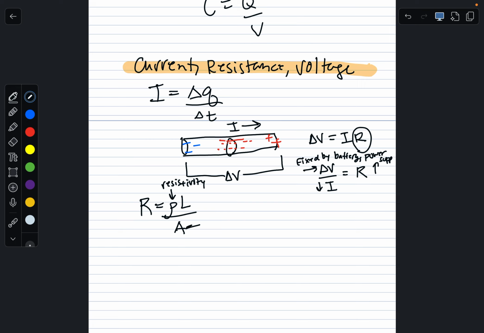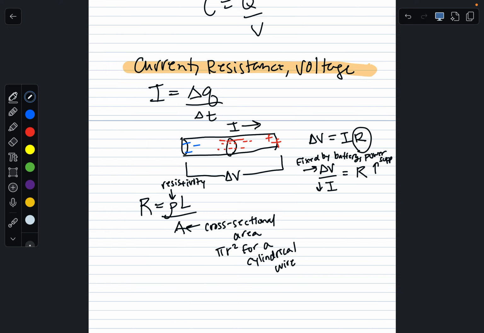This isn't just any area, it's the cross-sectional area, which for a cylindrical wire would be pi r squared. Length is obviously the length of the wire. So this is how the resistance is found for any particular object.